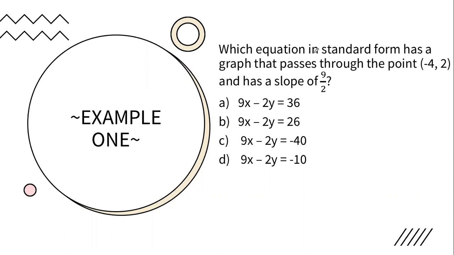Which equation in standard form has a graph that passes through the point -4, 2, and has a slope of 9/2?